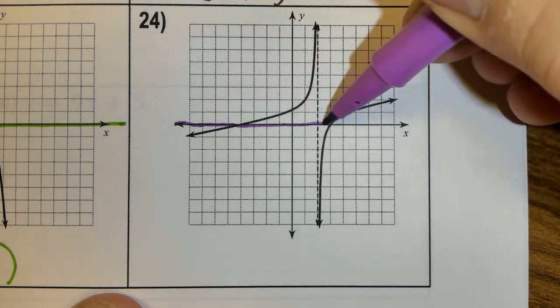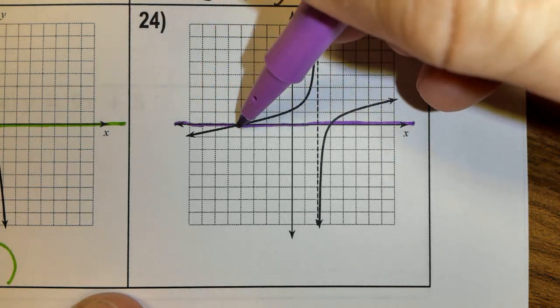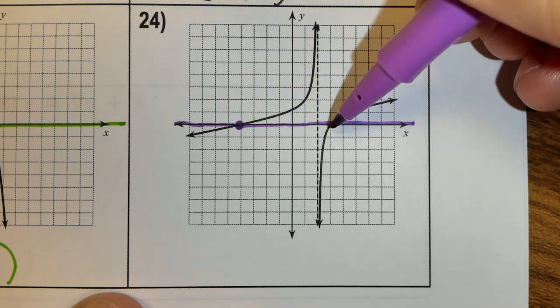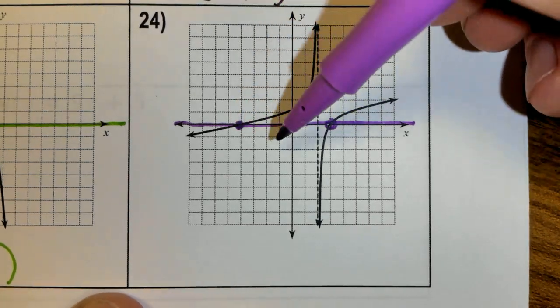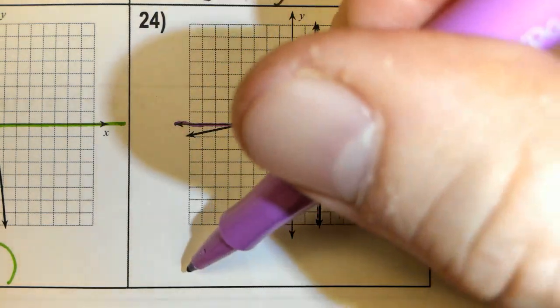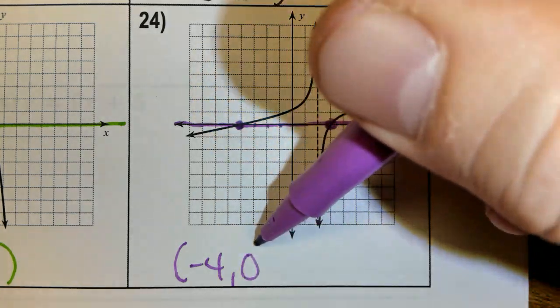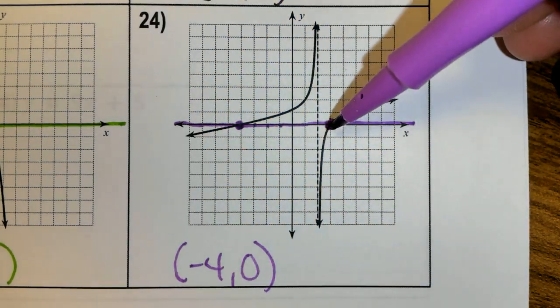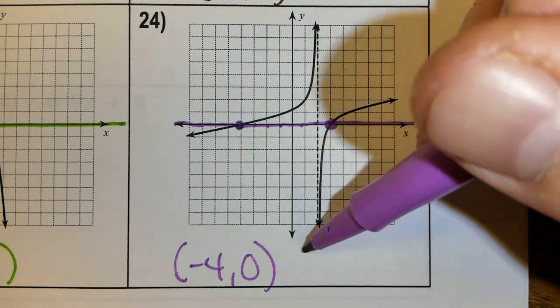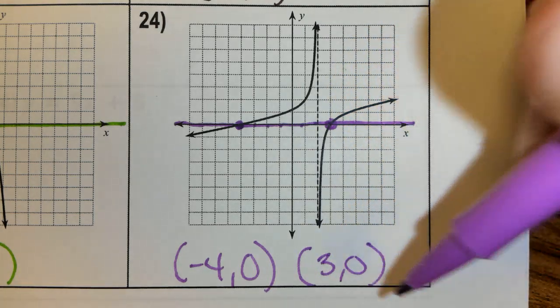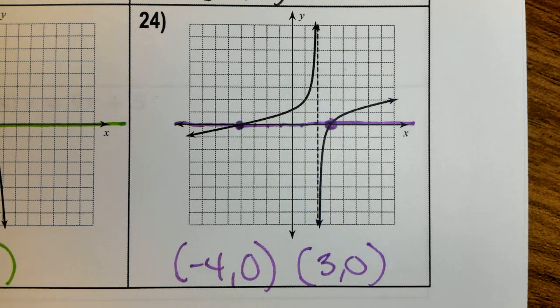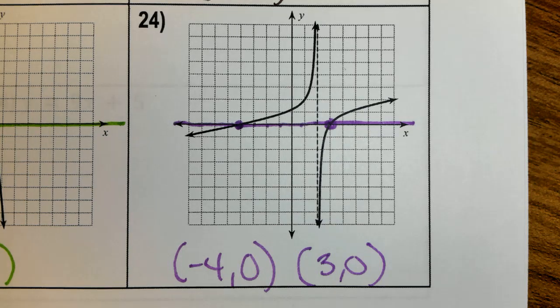Okay, so I want to cross the x-axis, and if you notice, it crosses right here and right here. So I have 1, 2, 3, negative 4, 0, and this one is 1, 2, 3, 0. And that's all I'm looking for.